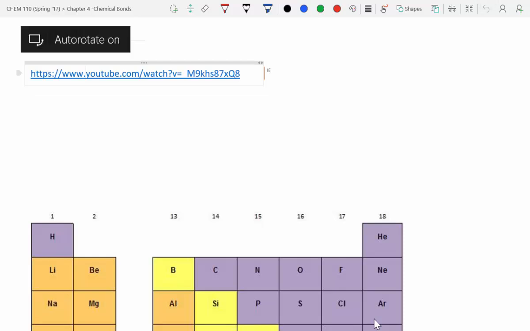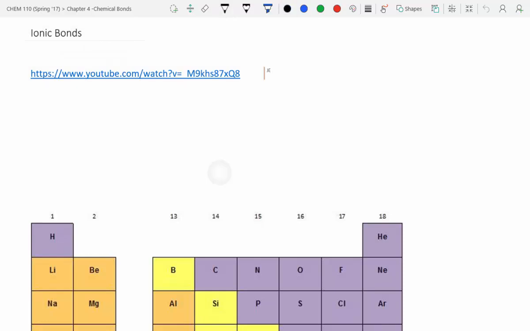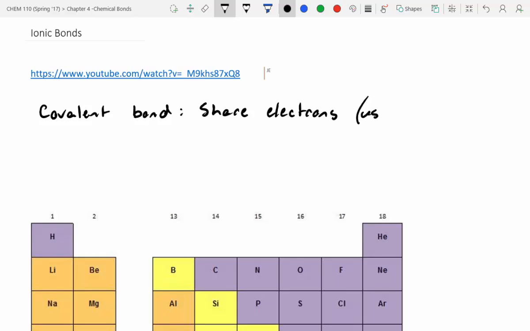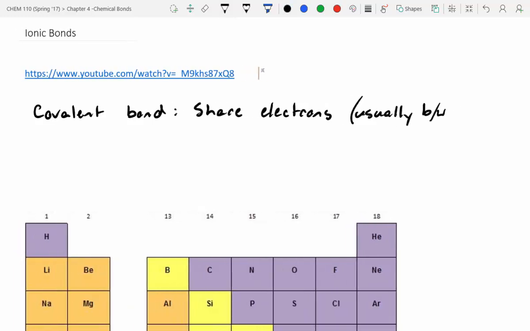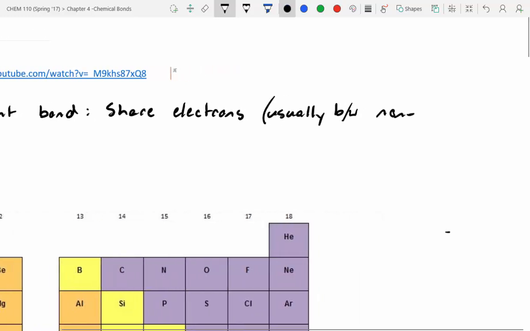All right, so a covalent bond, like the video said, it is where you share electrons. And this is usually between nonmetals. Let me slide this over a little bit.